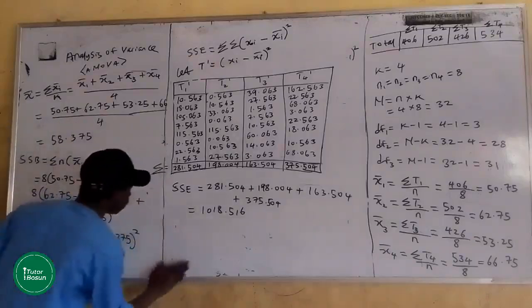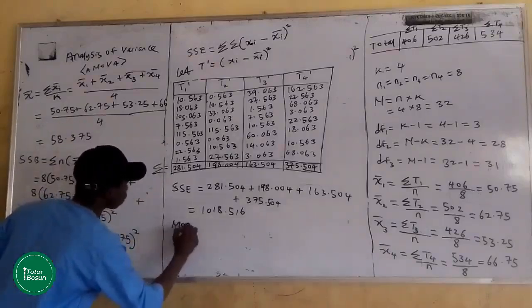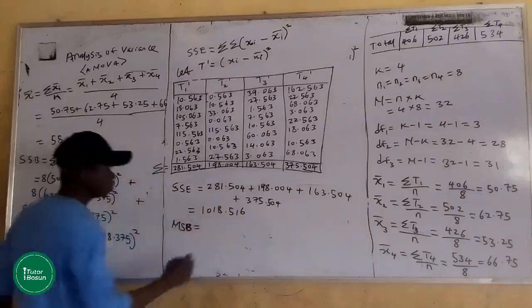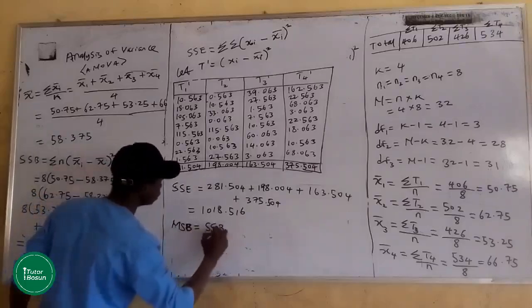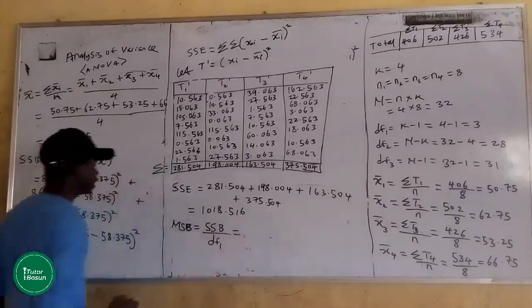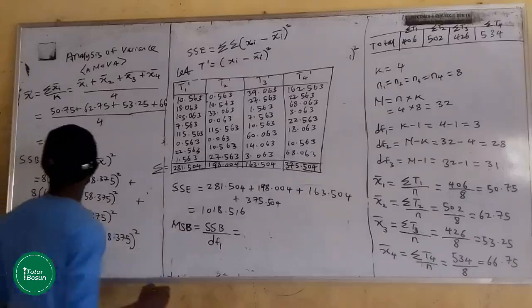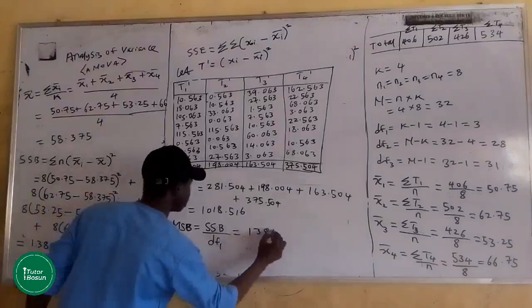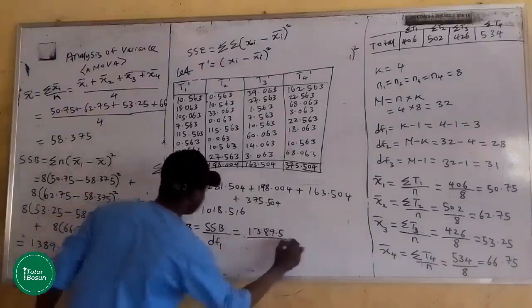So we can now calculate our MSB, the mean square between, which is equal to SSB divided by degree of freedom 1, DF1. SSB is equal to 1389.5 divided by DF1.